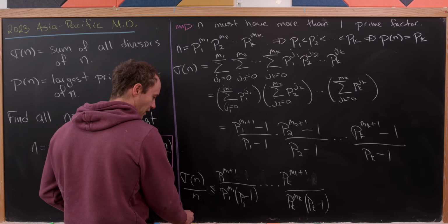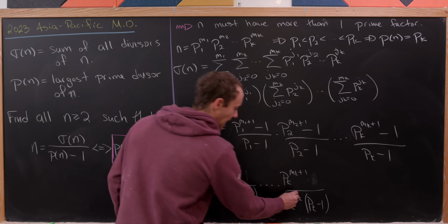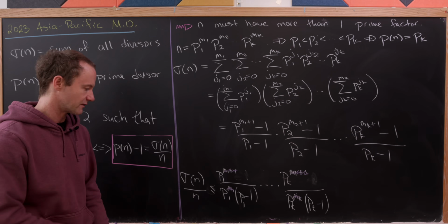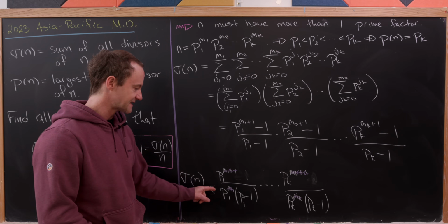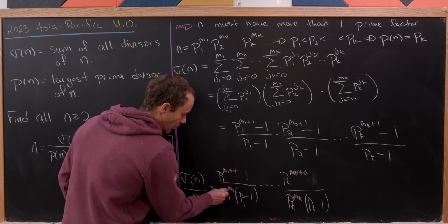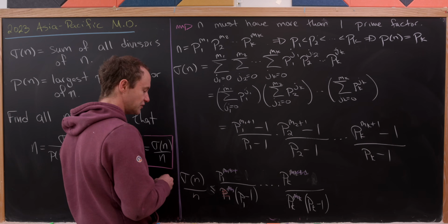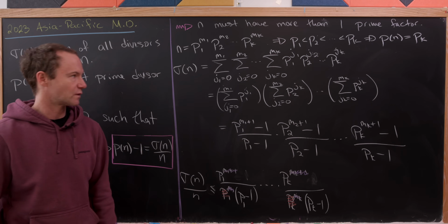So this m1 plus 1 and this m1 will cancel each other down, and then this mk plus 1 and this mk will cancel each other down as well. So that gives me sigma of n over n is less than or equal to this product, which is p1 over p1 minus 1 times p2 over p2 minus 1 all the way up to pk over pk minus 1.